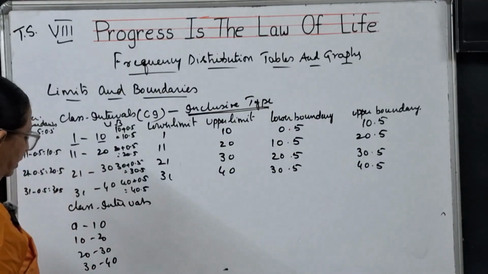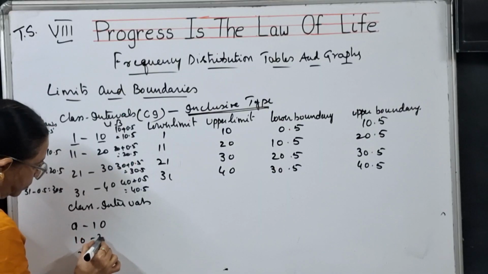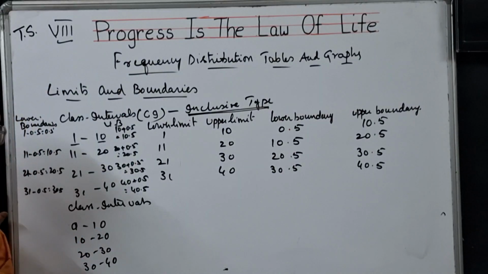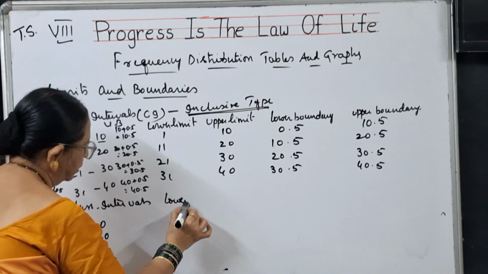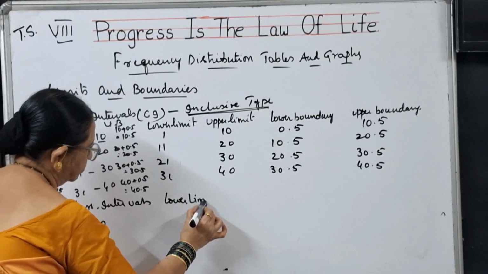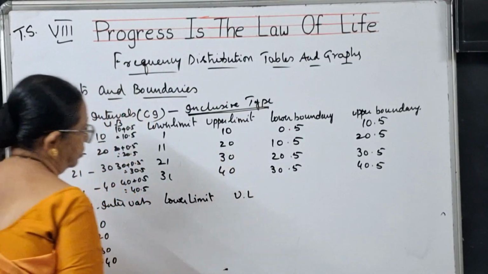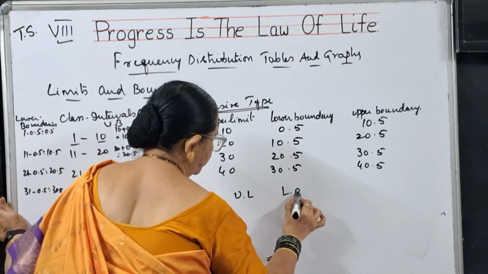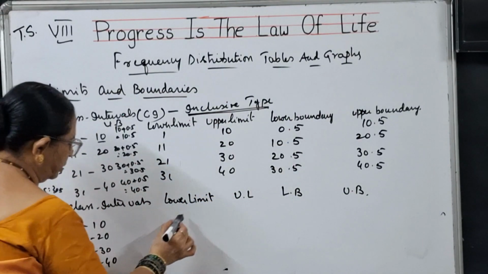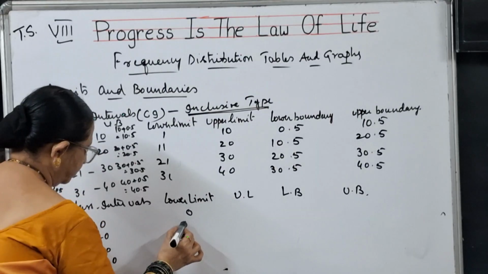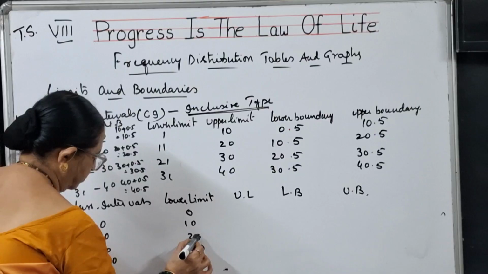If the intervals are like this, here are the lower limit, upper limit, lower boundary, upper boundary. Lower limits are 0, 10, 20, 30.